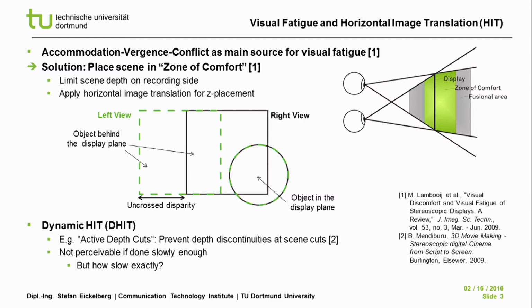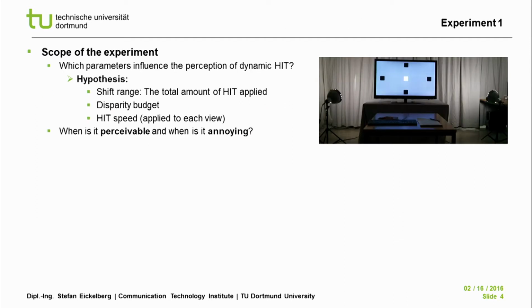So in order to find out, we carried out an experiment. Here's the experimental setup. With this experiment, we want to investigate the determining factors of the perception of the dynamic horizontal image translation. We want to know when the horizontal image translation is perceivable and when it is annoying.